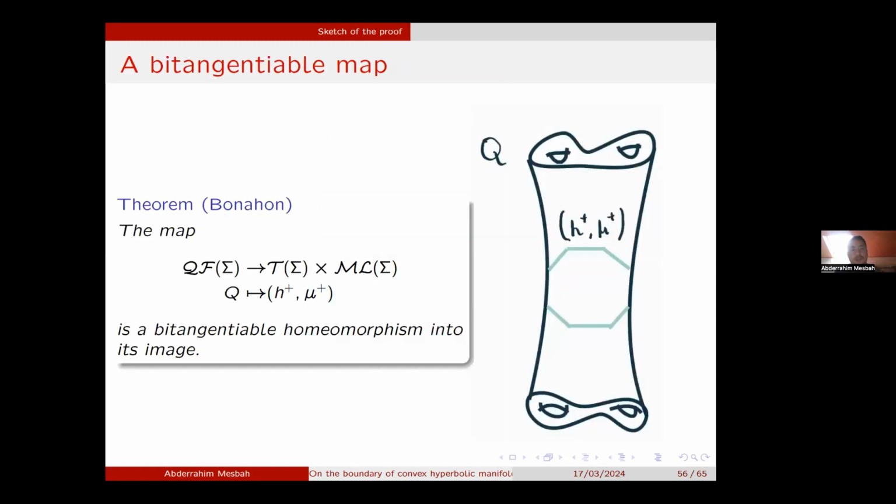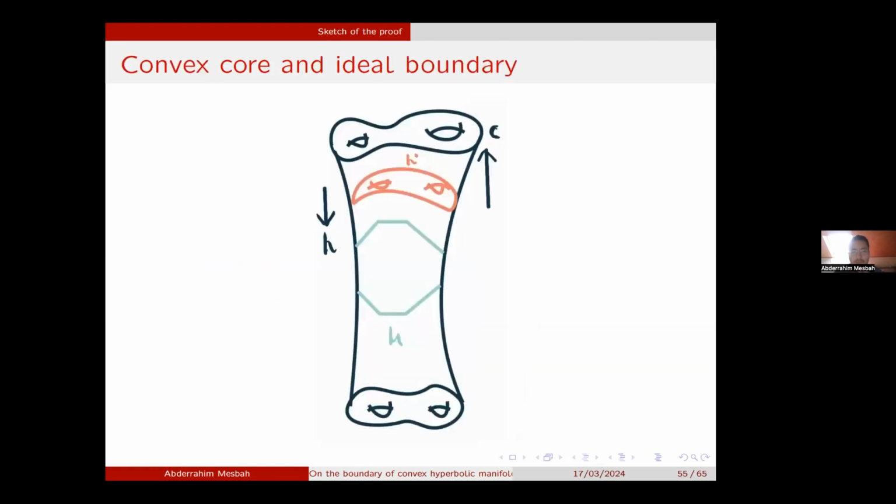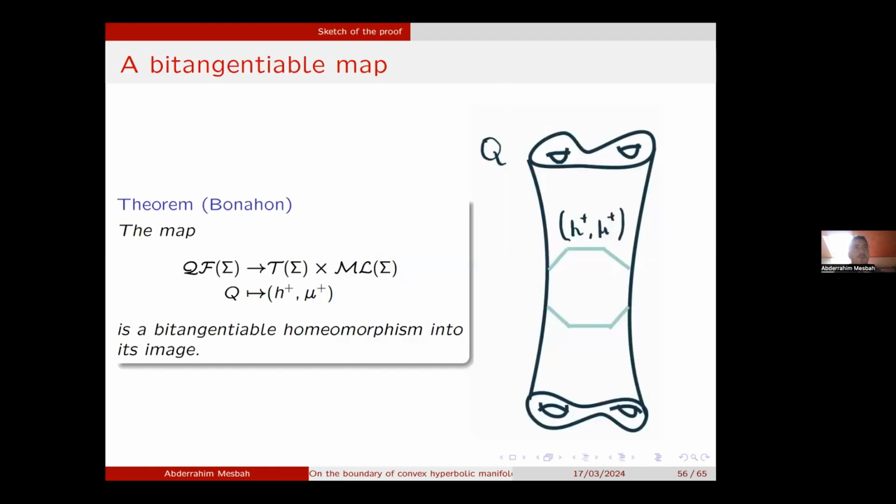Then we will give a sketch of the partial proof of uniqueness. So measured laminations on some surface sigma form a set, but this set doesn't have any natural differential structure.